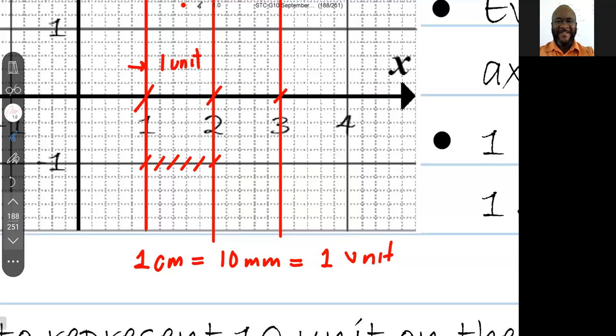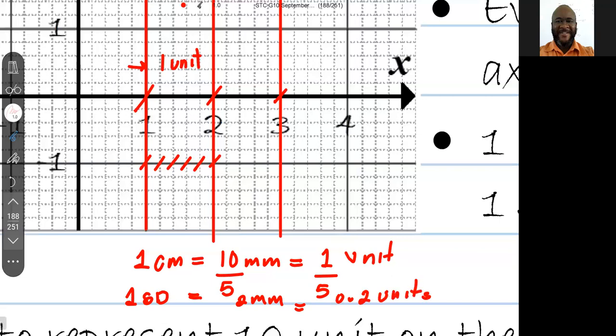Now, remember, every centimeter is divided into 5 equal parts. So if I divide this by 5, I'm going to get one of the small divisions, which is the smallest interval, 2 millimeters, representing 1 divided by 5, which is 0.2 units.